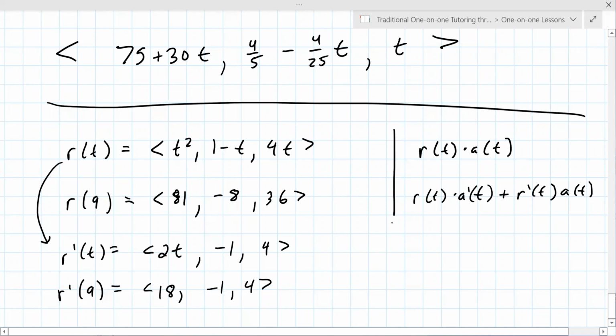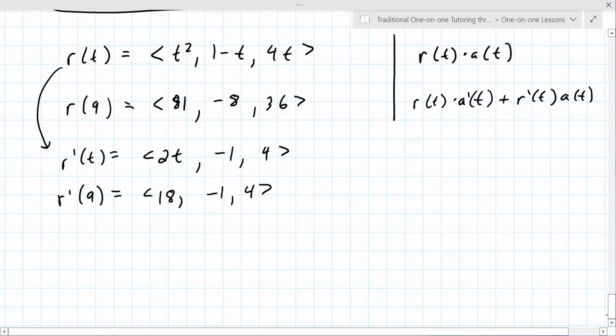So this notation here is a dot product. I believe that's what we got here. You're going to take r of t, 81, comma minus 8, comma 36, and dot that with a prime, which is 9, 3, and 7.